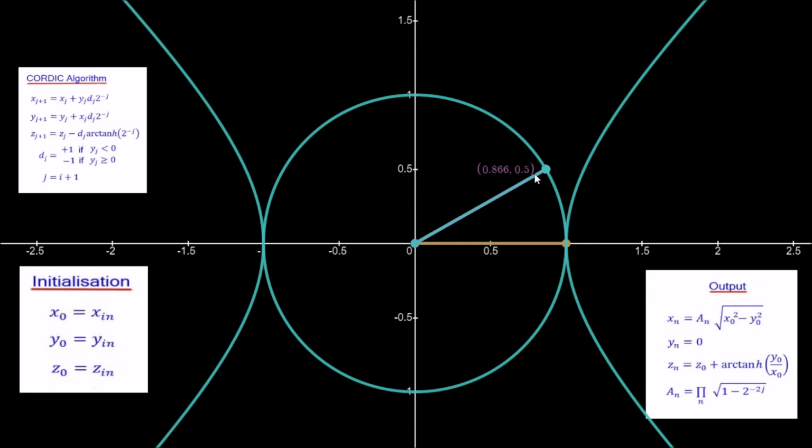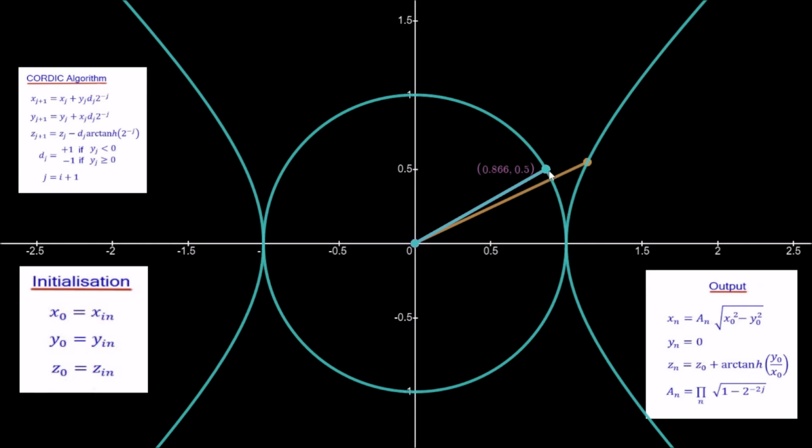With those distances, it's going to map out a circular angle of 30 degrees. Now remember, what we're looking at here are hyperbolic angles. So if I was to put in the value for our hyperbolic angle, it would be this angle here.